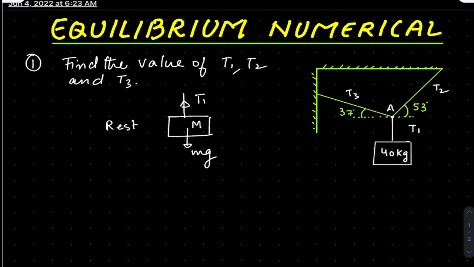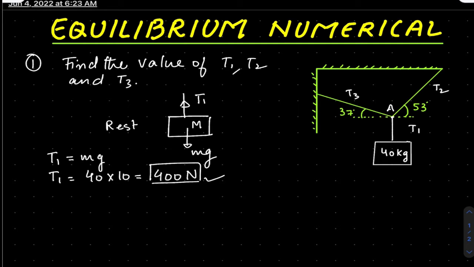It means that the total upward force is equal to the total downward force. It means T1 equals mg. So T1 comes out to be, with m equals 40 kg and g equals 10 meter per second square, 400 Newton. So this is the value of T1. Okay, it's quite easy. Let's calculate the values of T2 and T3.